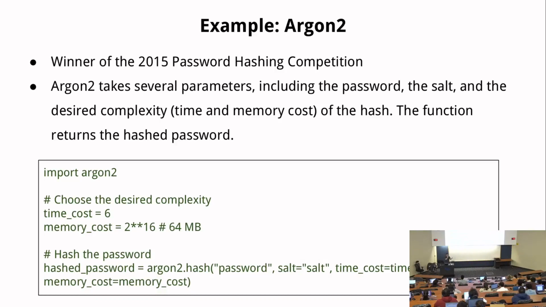You can tell the algorithm how many iterations you want and what memory cost you want. This is the Python library I'm showing here. The time cost here we choose 6, which means 6 iterations, and you can do many more. The memory cost here we choose 64 megabytes.